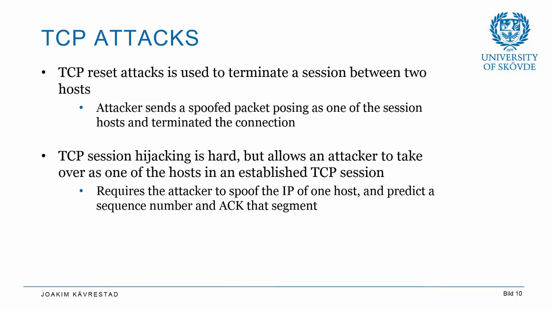So this essentially allows us to be a trusted party in this communication by kicking out one of the parties. What this requires us to do is to spoof the IP address of one host, and then we need to predict what the current sequence number is, and we ACK that segment, and then basically we jump in the place of the host which we spoofed.